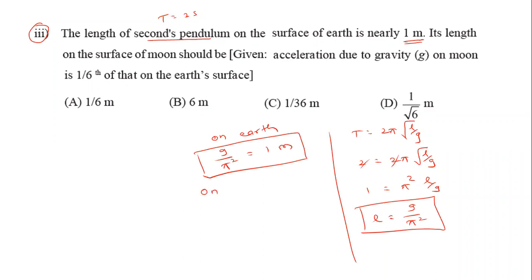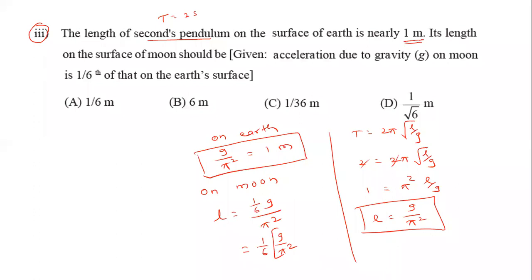On moon, we have to find out how much the length is. On moon, L is equal to g upon pi square, but g on the moon is 1 by 6 g on earth divided by pi square. So we can write 1 by 6 g by pi square.